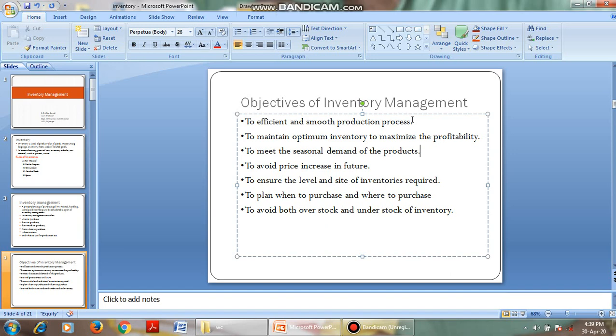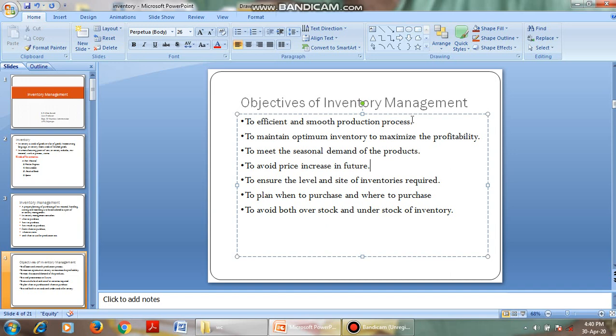Next one, to meet the seasonal demands of the products. If you maintain the inventory well, then we can meet the seasonal demands of our products. Next one is to avoid price increase in future. If there is a sudden increase in the price of the product, then we are not supposed to purchase at higher prices.